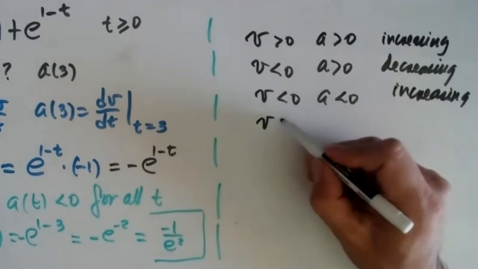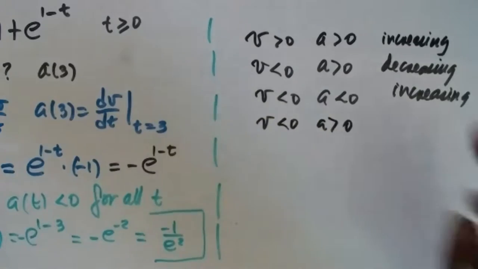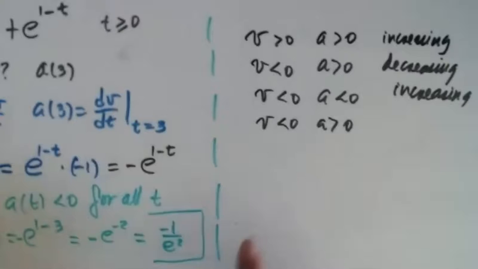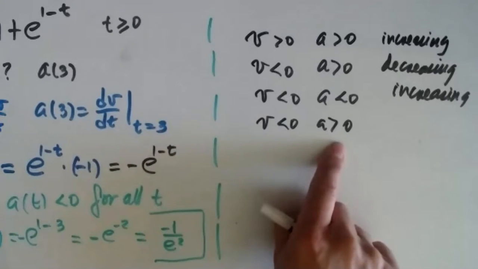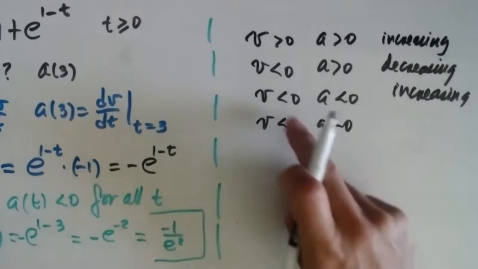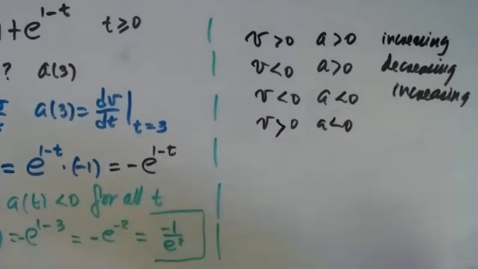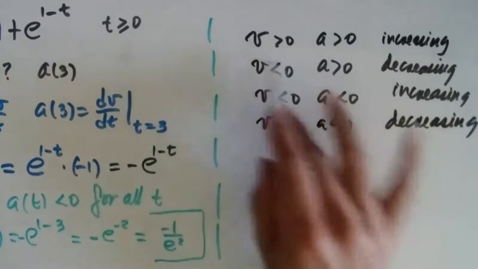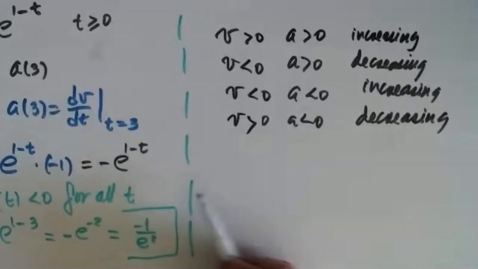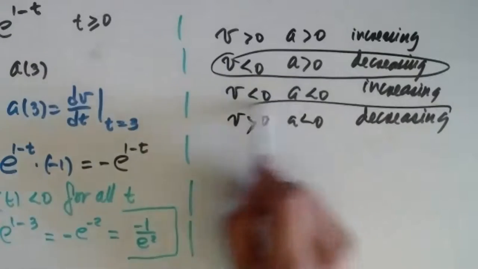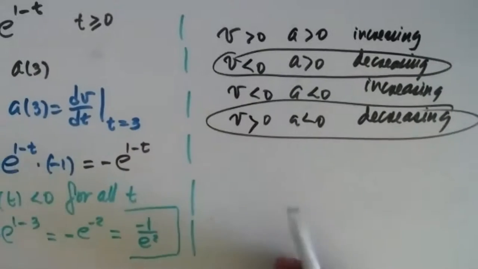And with positive velocity and negative acceleration, it is decreasing. So if they have opposite signs, they decrease. If they have equal signs, they increase. This is something you have to remember.